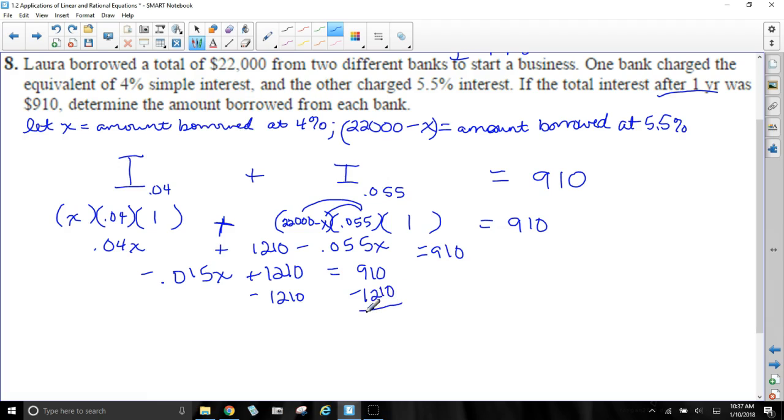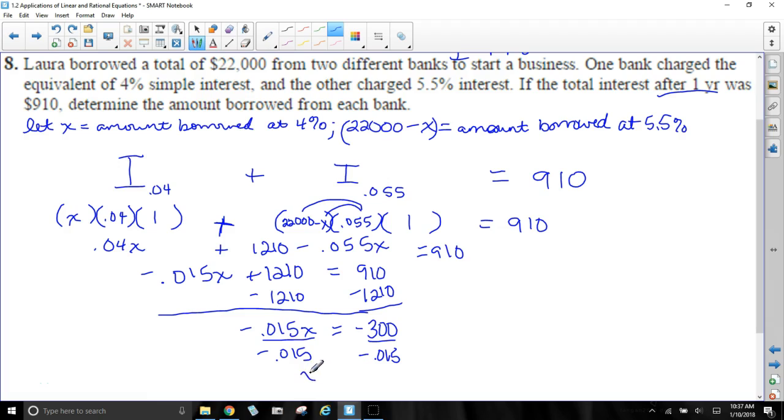And 910 minus 1210 is a negative 300. Okay, so on the left-hand side, I have the negative 0.015x. On the right-hand side, I have negative 300. Now to solve for x, divide both sides by the coefficient of x, negative 0.015.